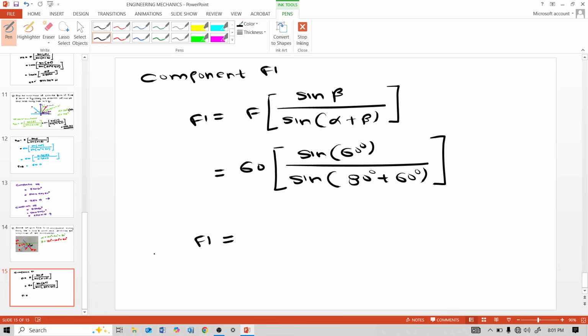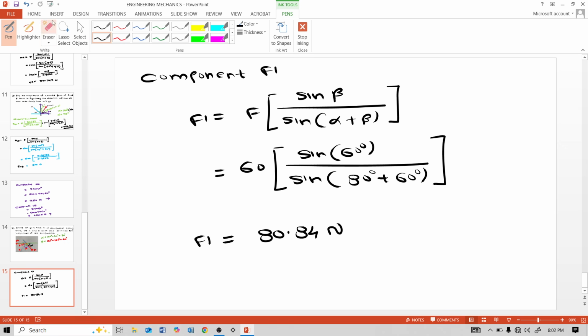So F1 is sine of 60 upon sine of 80 plus 60, into 60. It is 80.84 Newton. So 80.84 Newton is our F1 oblique component.